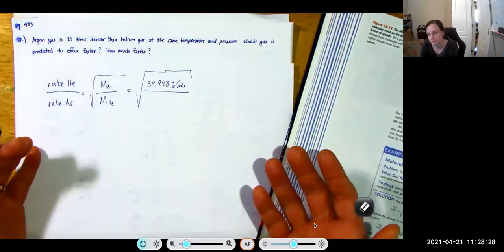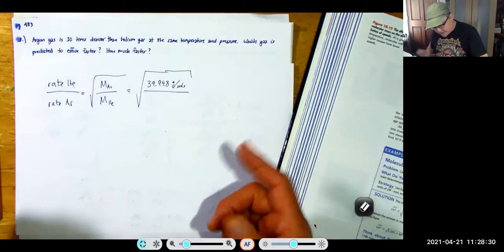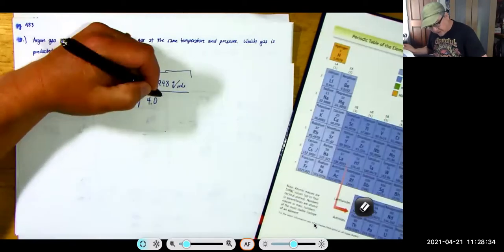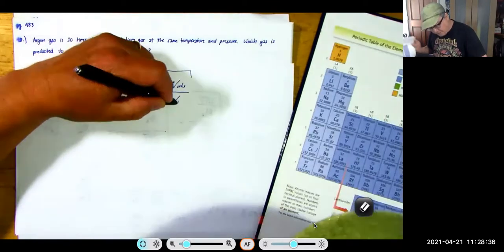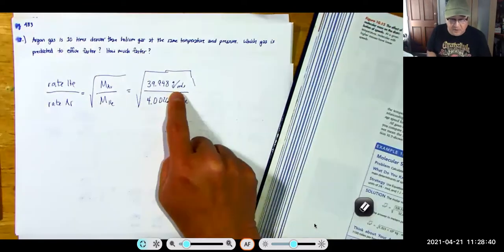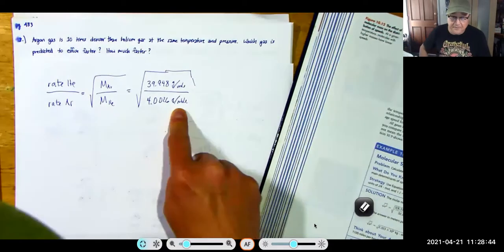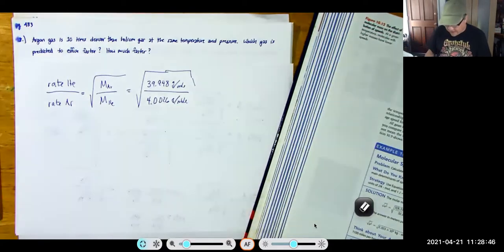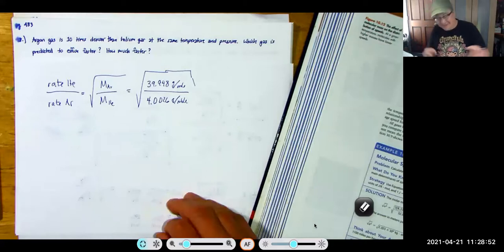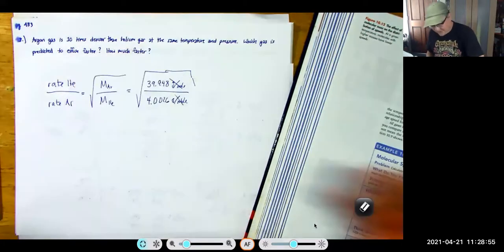Okay. And the reason why is because when I plug these numbers in here, 4.0026 grams per mole, they cancel. If I had calculated kilograms per mole for both, what would happen? They would cancel. Okay. And now that I didn't do that, what happens? They still cancel. Okay.